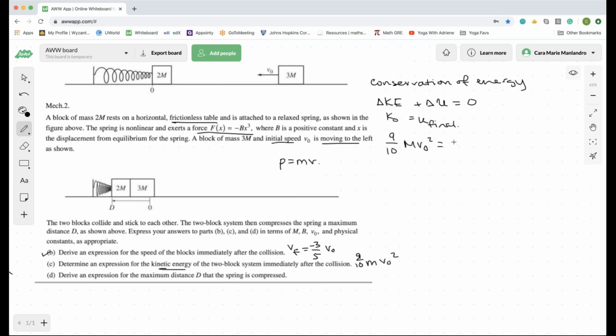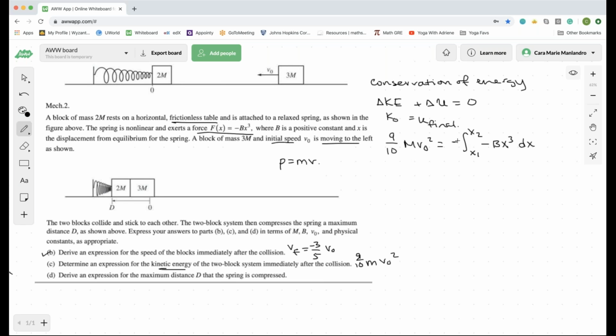So I have negative the integral from x1 to x2 of negative bx cubed, which is what they gave you, dx. Everybody okay with the setup? Yes, no, in the chat box, please.